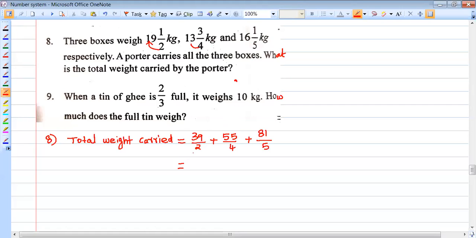After that, you find the LCM of 2, 4, 5, which is 20. That is very easy to find.